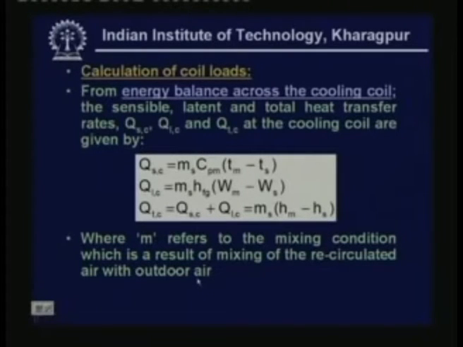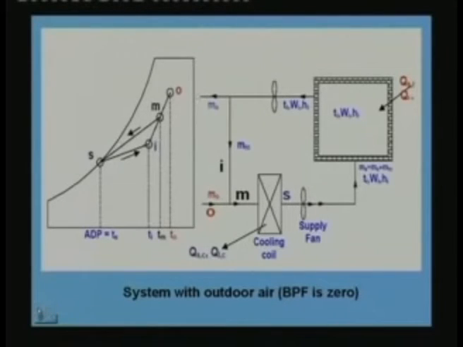Now we have to find out the coil loads from energy balance across the cooling coil. That means you have to perform energy balance across the cooling coil. Let us take a control volume across the cooling coil and apply energy balance. You can write an energy balance equation for the sensible heat load first.